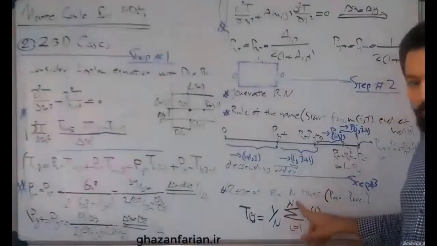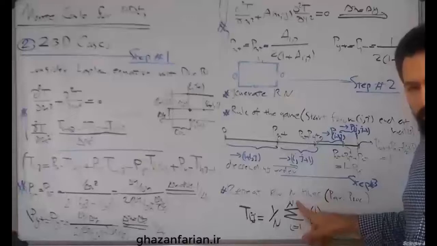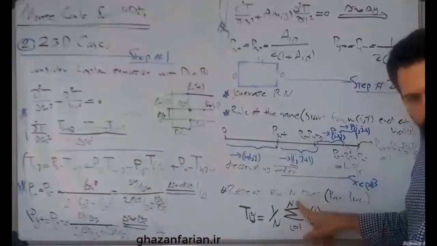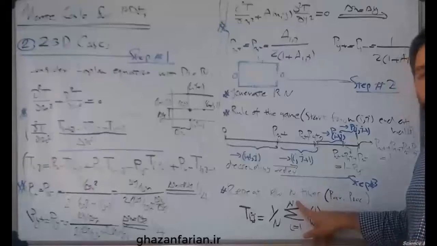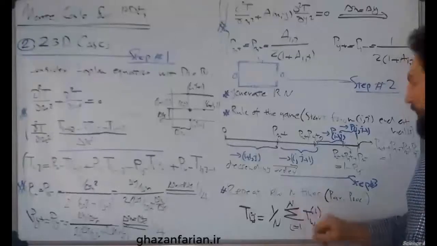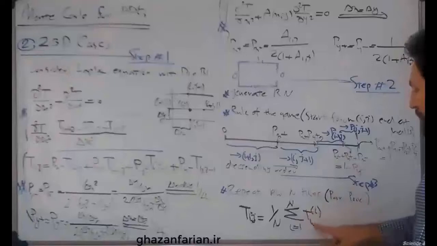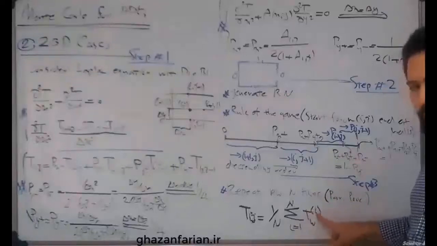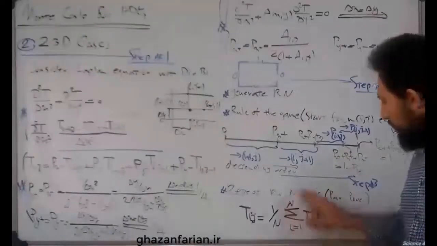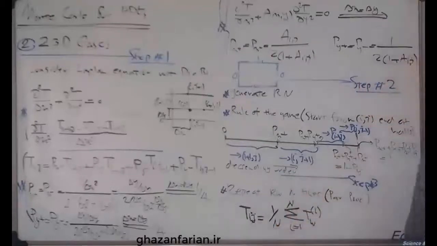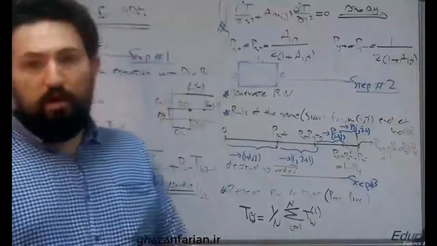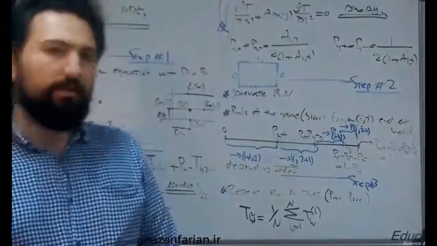n is the number of the random walks started from the point you want, for example i, j, and ended at walls. This is the temperature of the wall during random walk number i. And divide the sum of wall temperatures by n, which is the number of random walks.